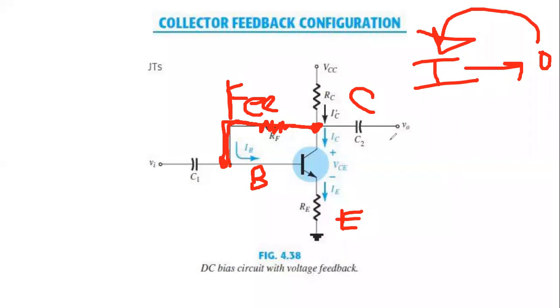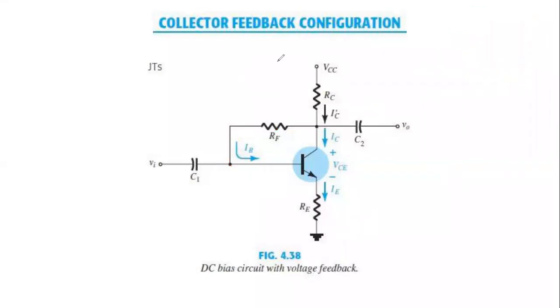So here the change is that this is the collector feedback, because we are taking the feedback from the collector side. That's why its name is collector feedback configuration. Also, my student, the resistance name is now RF, and the current will flow through it. Interesting thing is here, the current was IC till here if the feedback was not given. But now the current is IC prime till here, because this is a node.